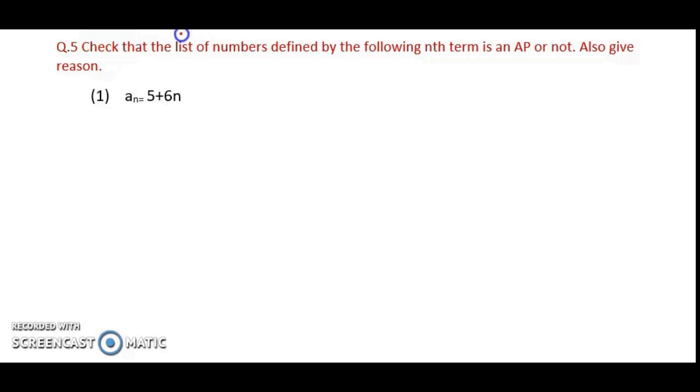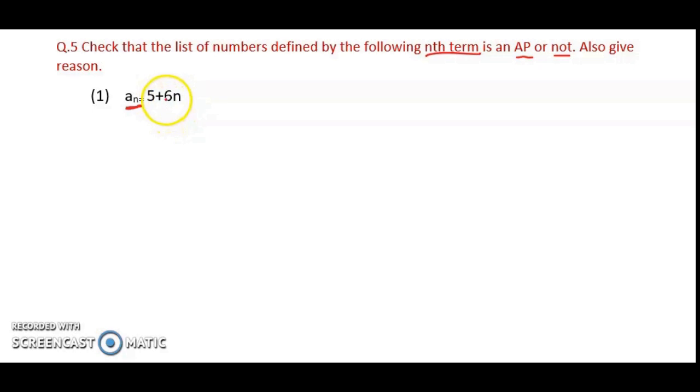Here in this question, we have to check whether the list of numbers defined by the following nth term is an arithmetic progression or not, and also give the reason. So here in the question you can see the nth term a_n is given as 5 plus 6n.